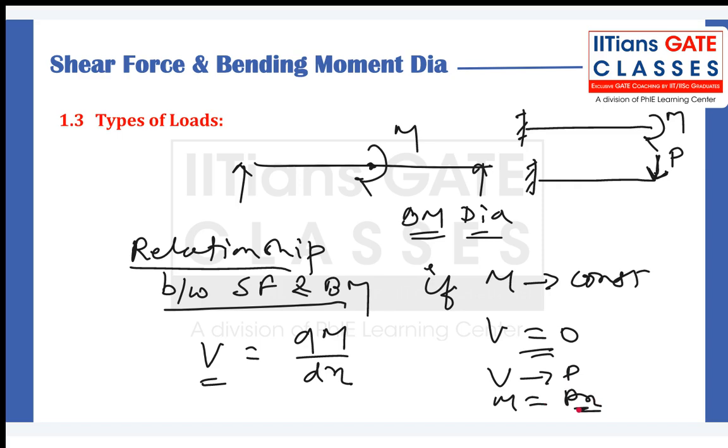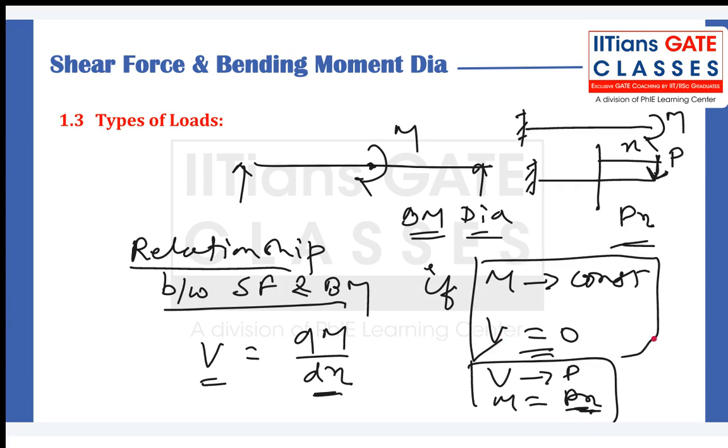We know that at any section, the bending moment will be P times x. So if you substitute in this formula, you get V equal to P, right? That's what I just told. We should know the relationship between shear force and bending moment mathematically, and then we can always find one quantity from the other.